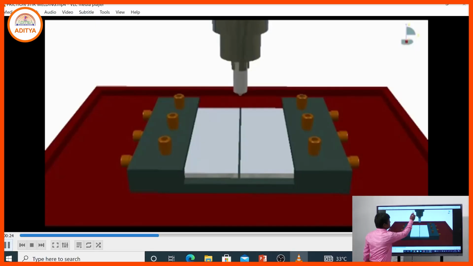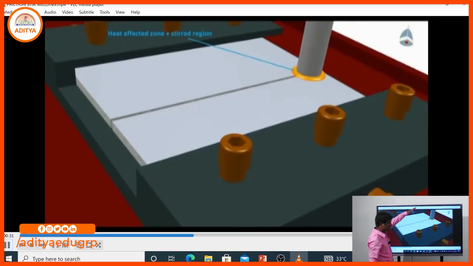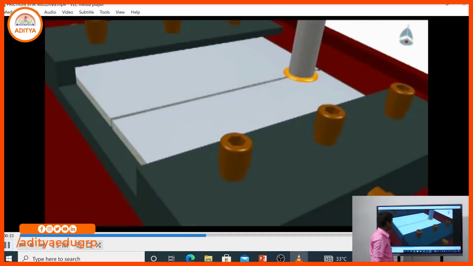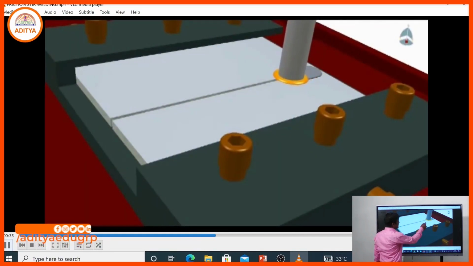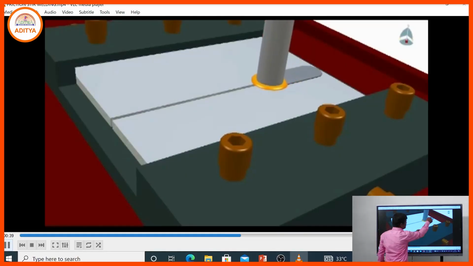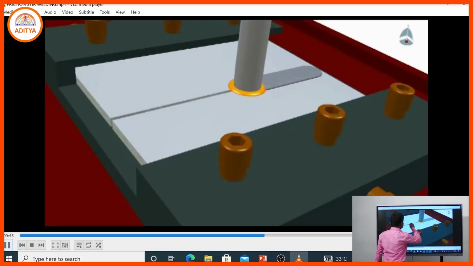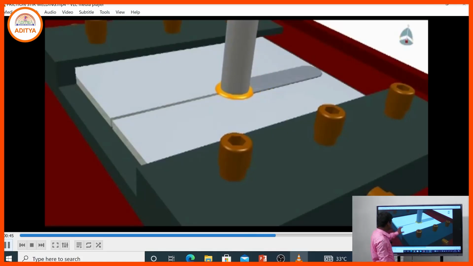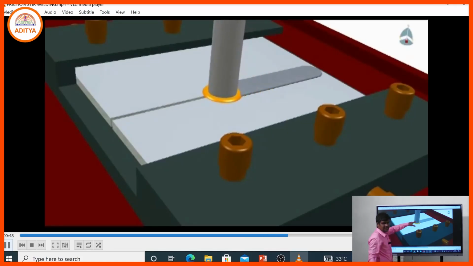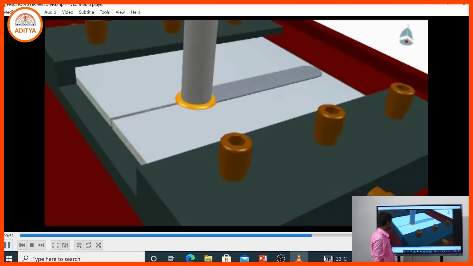Now the FSW machine is rotated with the probe, and we apply pressure on the tool. Due to that, a molten state is generated at the probe and around the welding surface, and then continuous welding is done across the welding faces and both metal plates are joined.